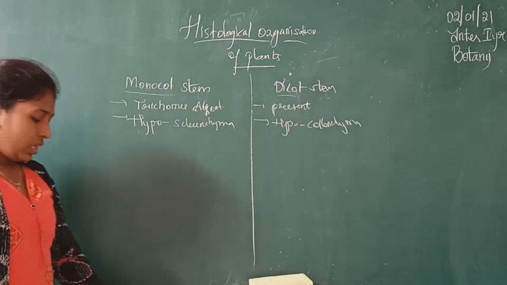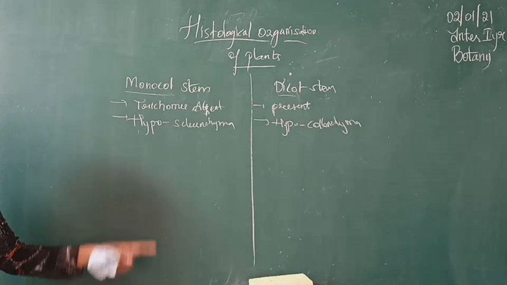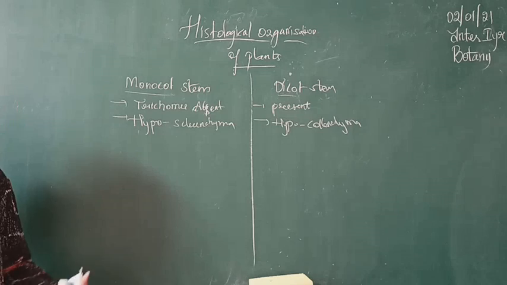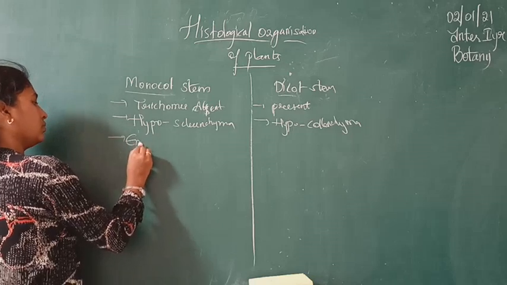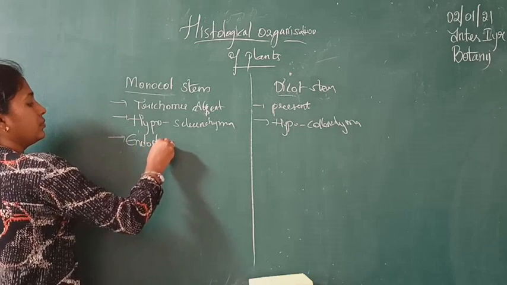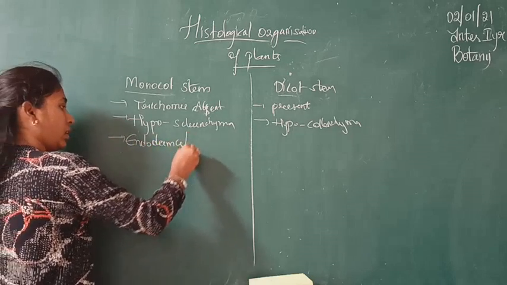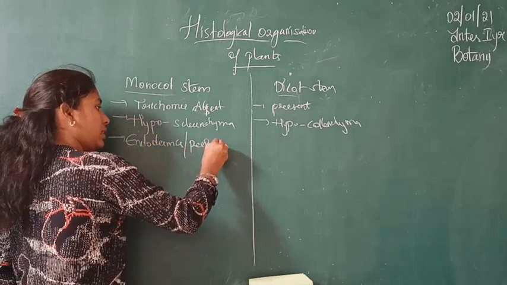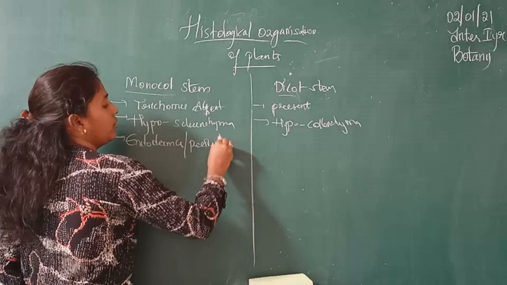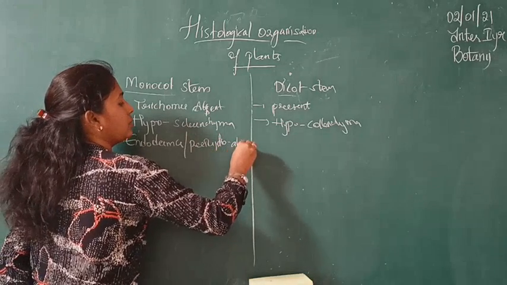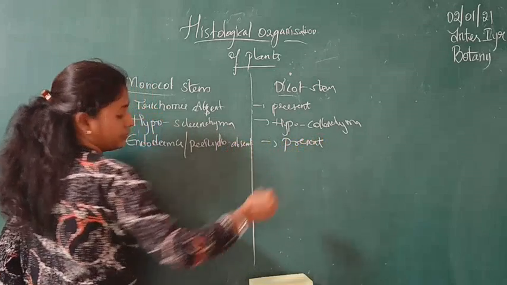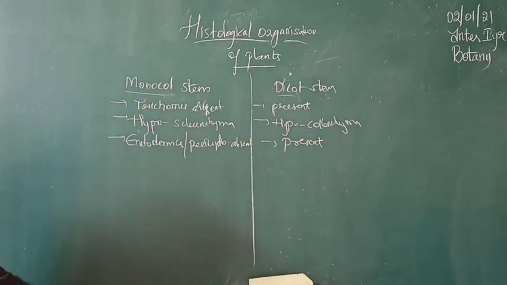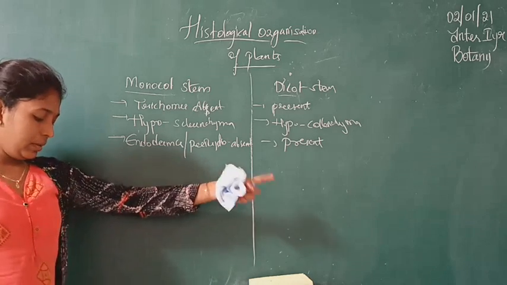And next, endodermis and pericycle are absent here; in the dicot they are present. General cortex is absent here, present there.